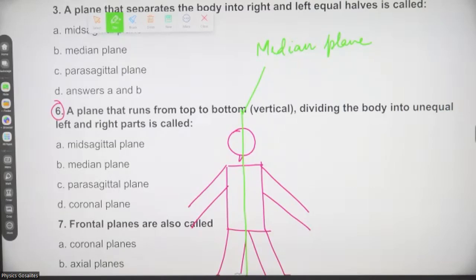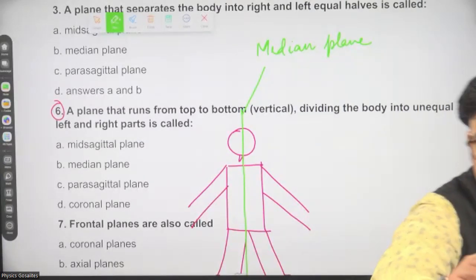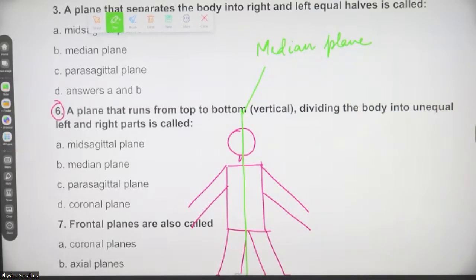Participants, beta, you can mute yourself. I'll request some student now. Bhaiya, mute that, children are talking.